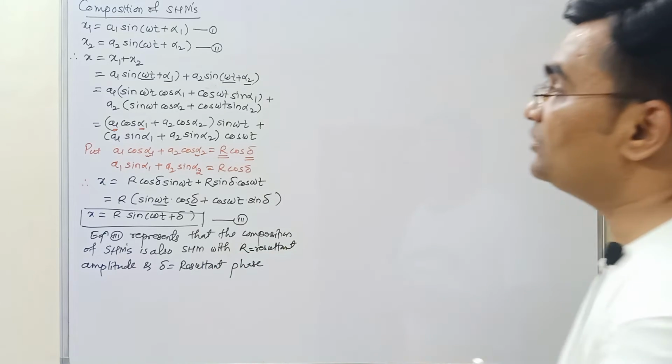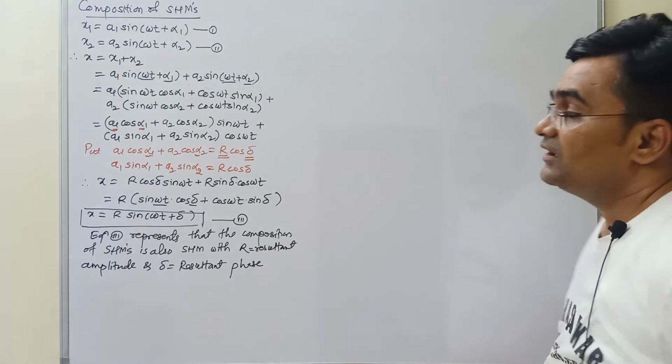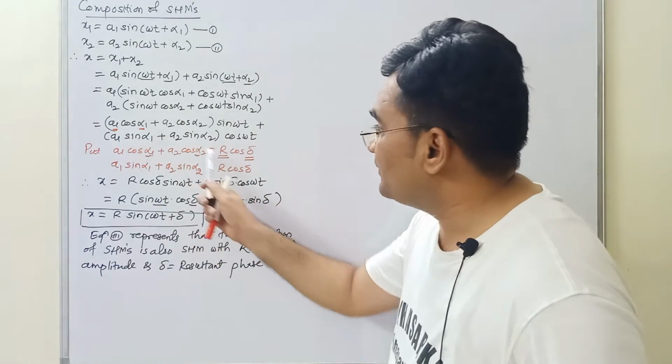R is the resultant amplitude, and delta is the resultant phase.